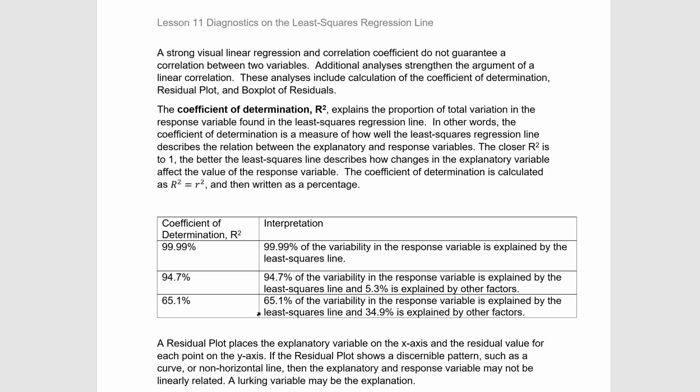This is kind of concerning because 34.9% could be explained by other factors, so I want to explore that further if I have a coefficient of determination such as this.